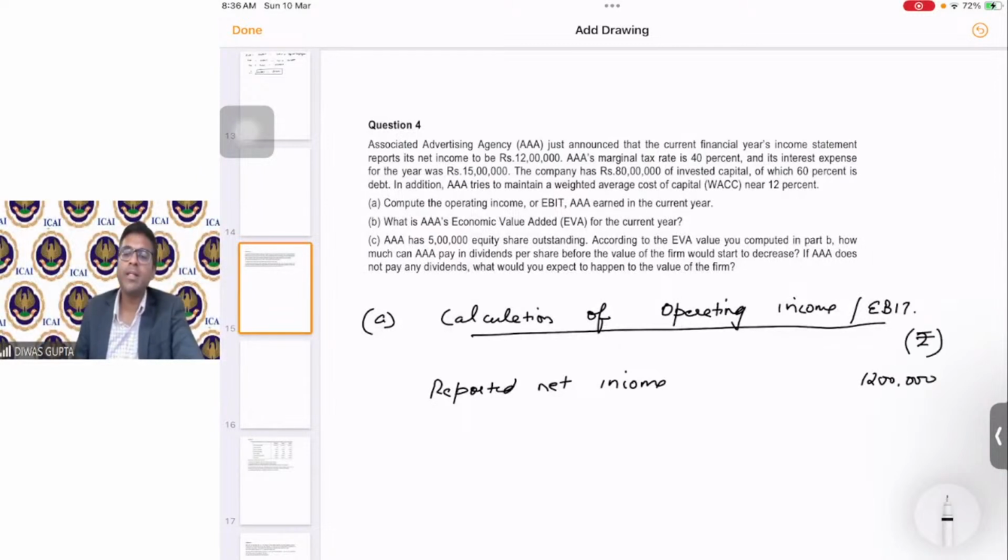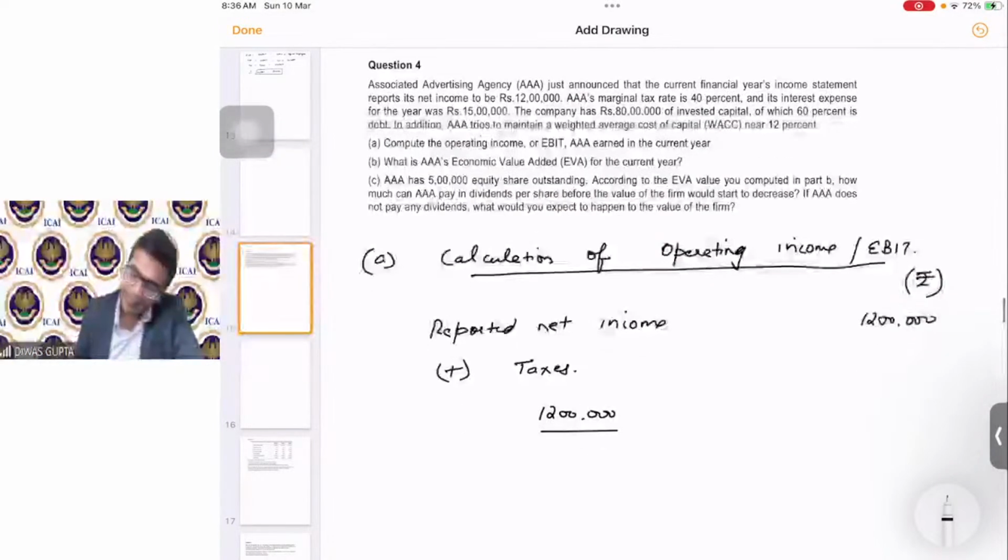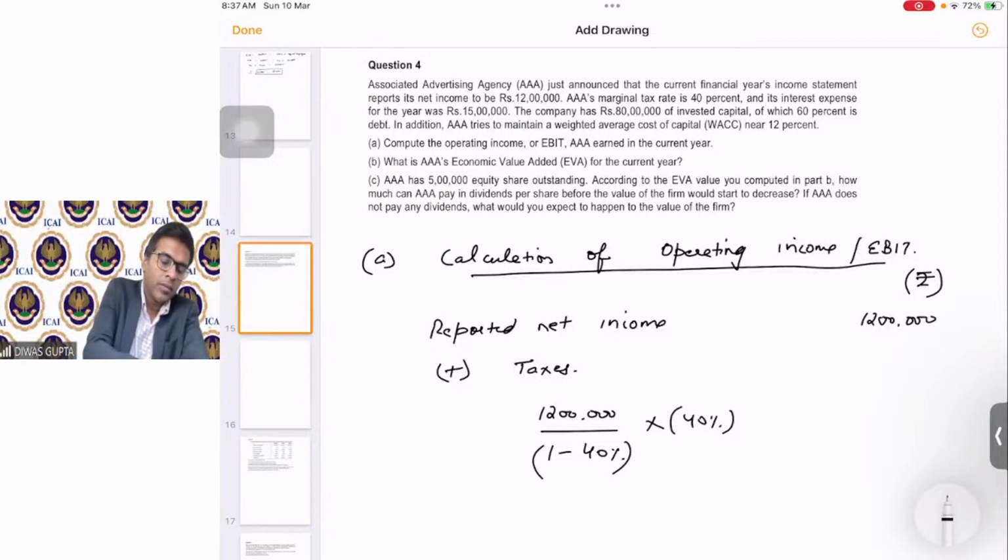We are talking about rupees 12 lakhs plus taxes. So 12 lakhs divided by, what is the tax rate? 40%. 1 minus 40% into 40%, which is 8 lakhs.